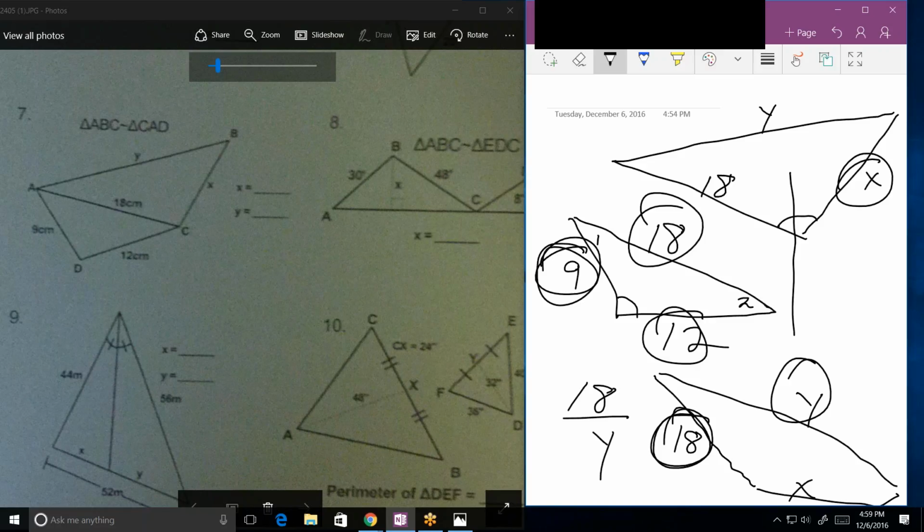You see why? They're both the left side of the triangle. This 18 here. How does it? If you look in the congruency statement. Oh, I see what you did. Sorry, if you look in the statement of similarity.